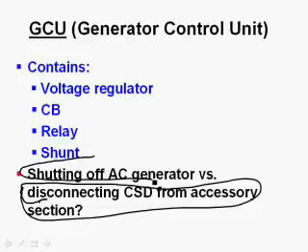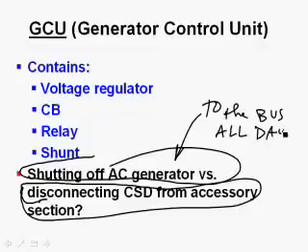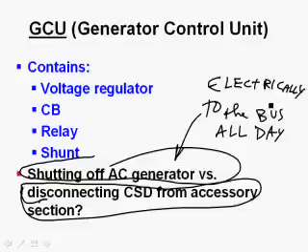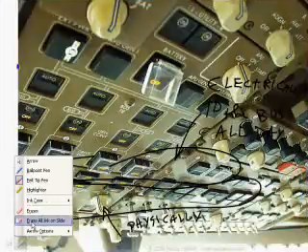But shutting off the generator to the bus, you can connect and reconnect electrically all day long. Physically disconnecting it, you can only disconnect it and then you're done. You don't get to use it for the rest of the day.